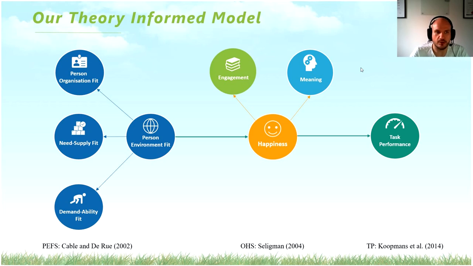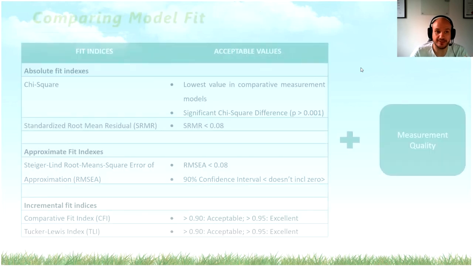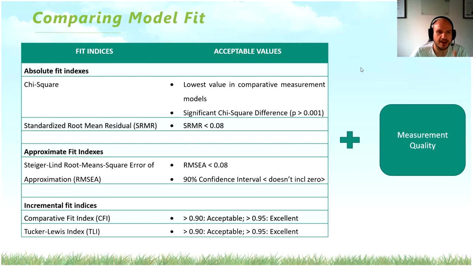Remember the comparative fit model indices. These are the things that we're going to be utilizing to see whether or not our models, one, fit our data, and two, how they compare to other models, right? So we'll be utilizing the fit indices and we'll be looking at measurement quality.